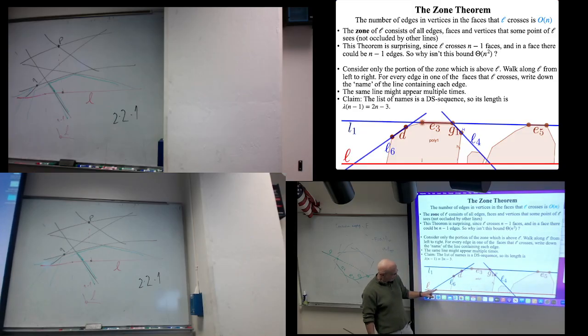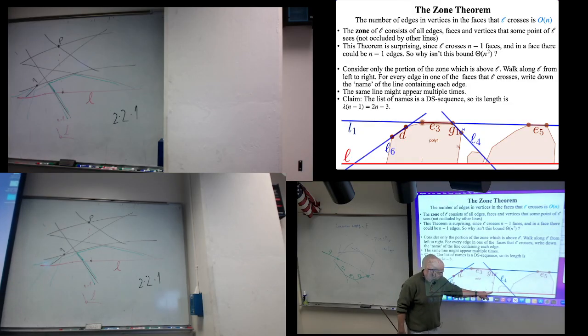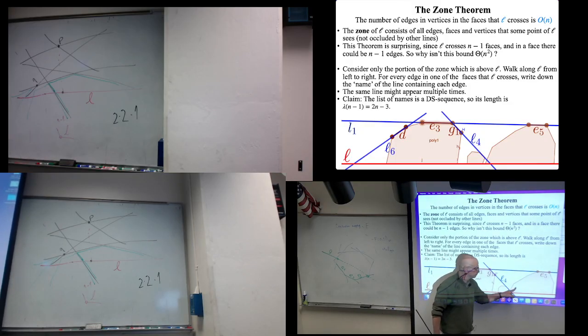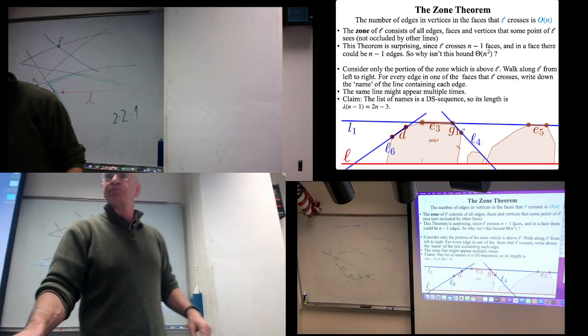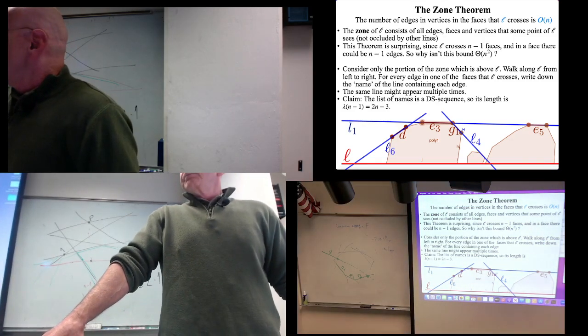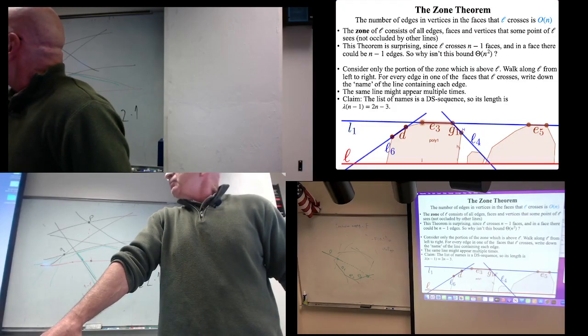For each one of the faces, I'm going to go over all the edges and write what line defines this edge. Again, I'm going to go along each face and write down all the lines that define this face.